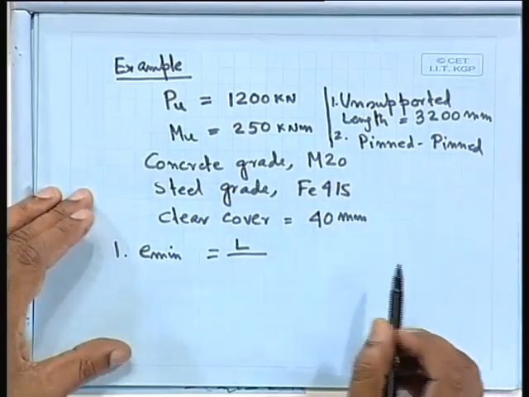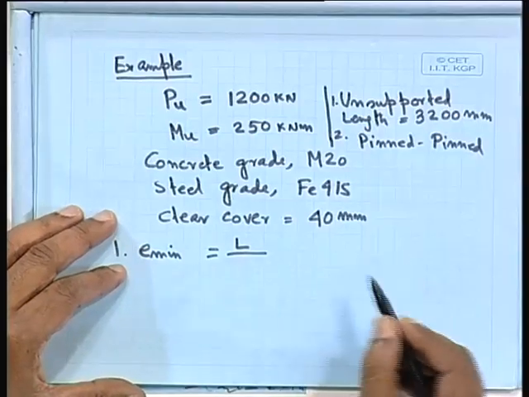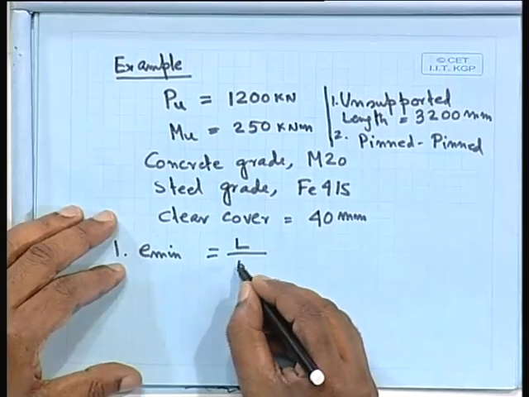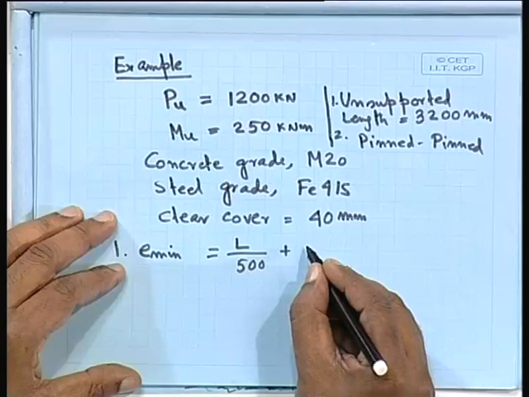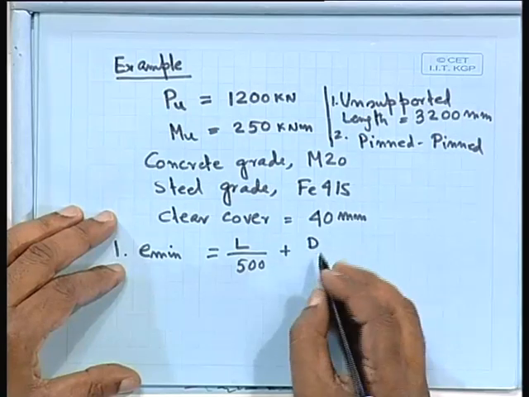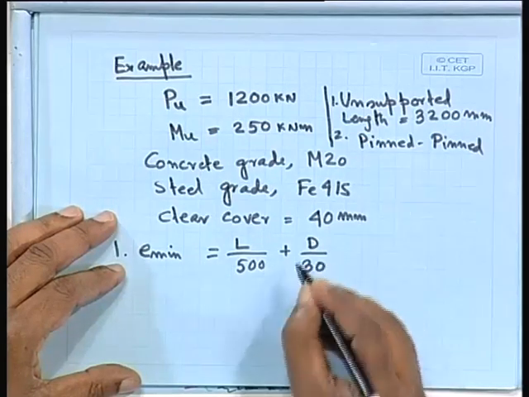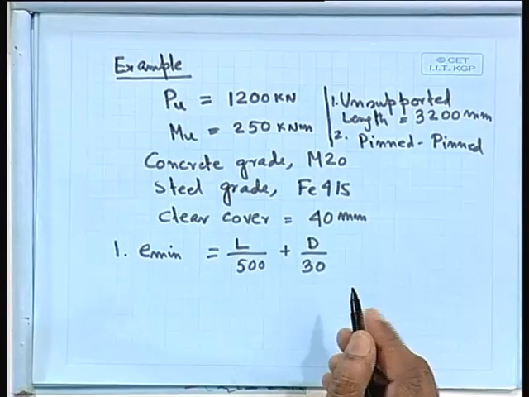Okay, let us take this particular condition, so that we shall get the effective length also. L by 500 plus D by 30. This is the one. Let us take the column section.